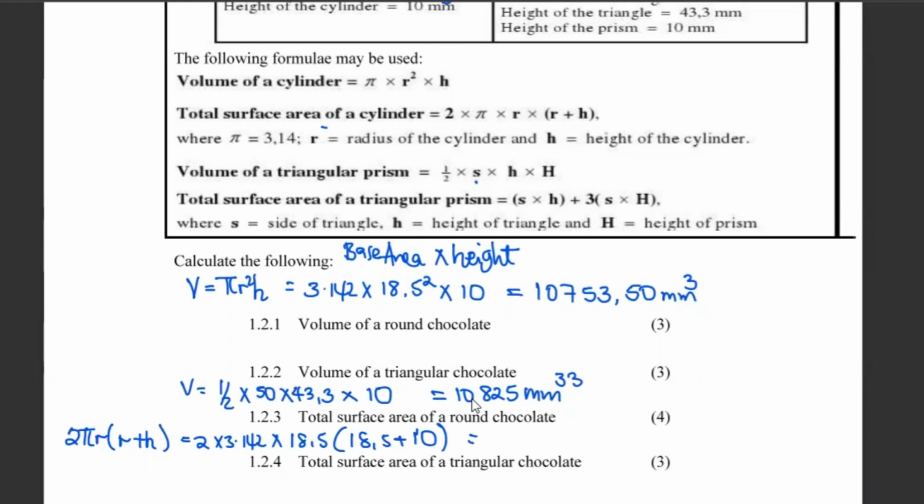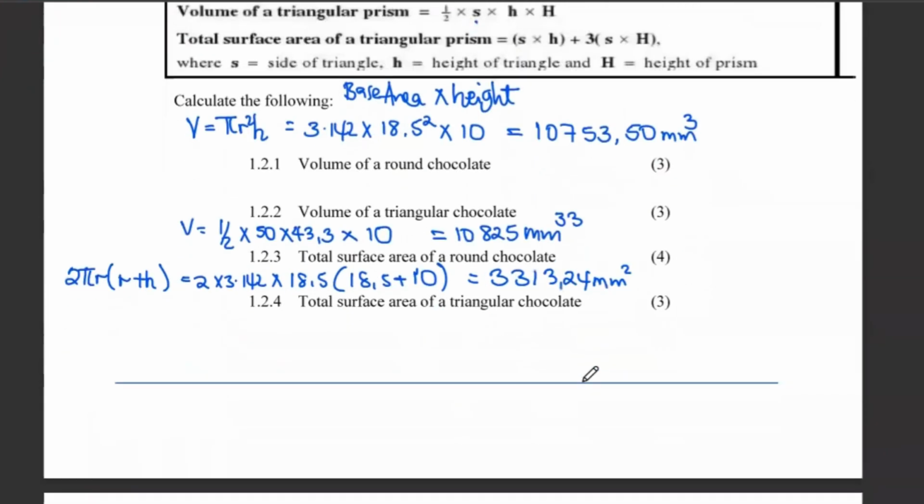So you end up having 3,313,24. This is area. Leave it as millimeters squared.